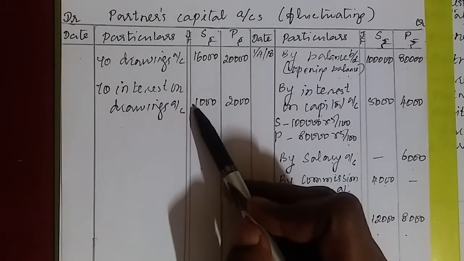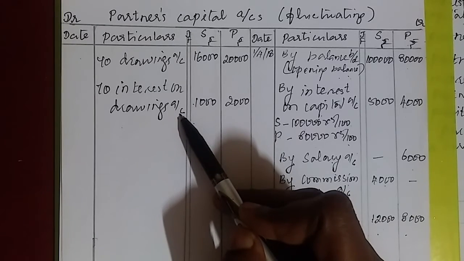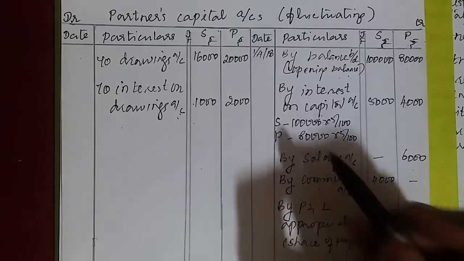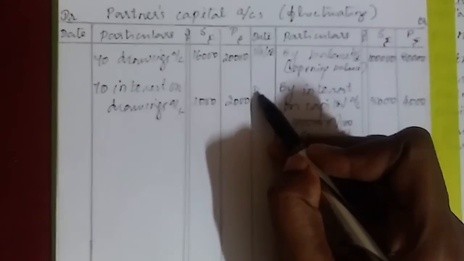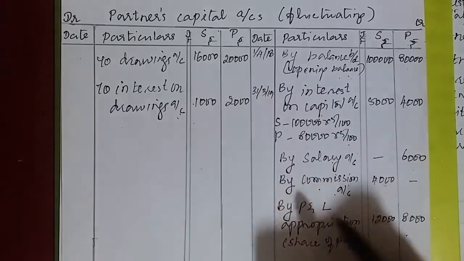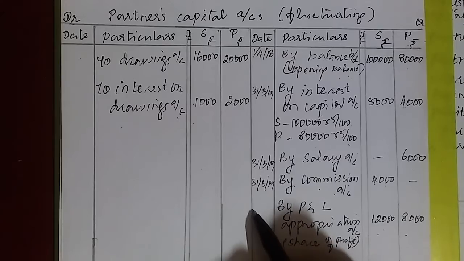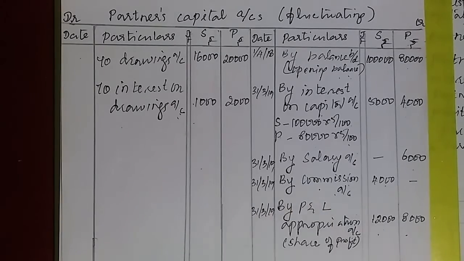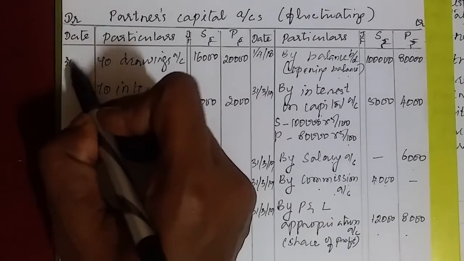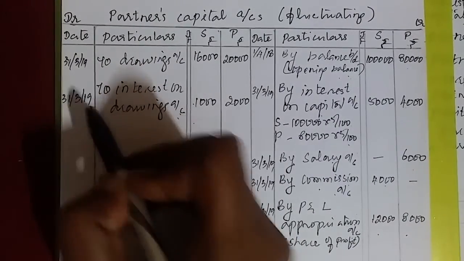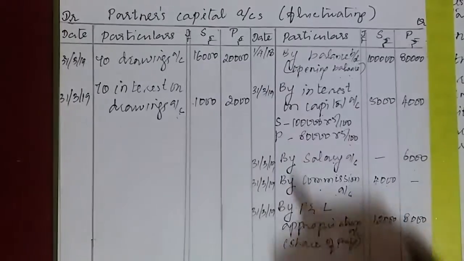This one is an expense to the partner and this drawing is a debit balance. Okay? Date, I mention the closing date for all the remaining entries: 31/3/19, 31/3/19, 31/3/19, 31/3/19 and 31/3/19, except this opening balance. Okay?